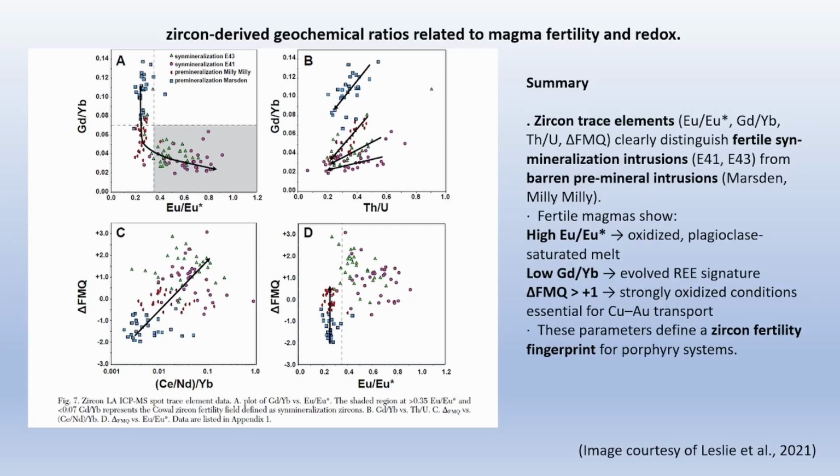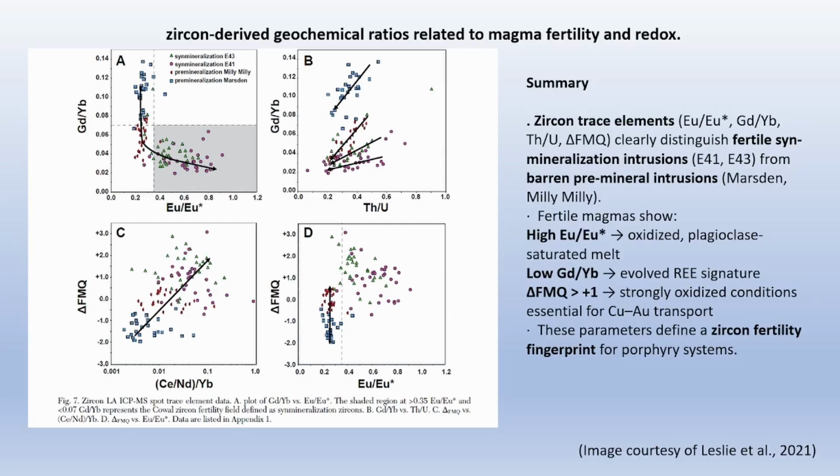Pre-mineralization Marsden and Milli zircons fall outside this field. The lower europium ratios with higher gadolinium and ytterbium suggest less evolved or less oxidized melts. So this plot alone can help identify fertile intrusive phases by itself.